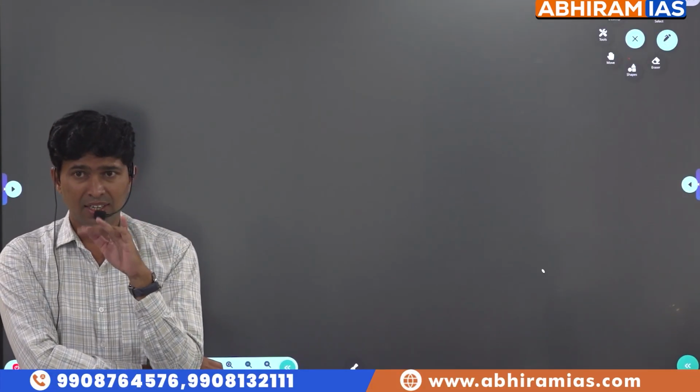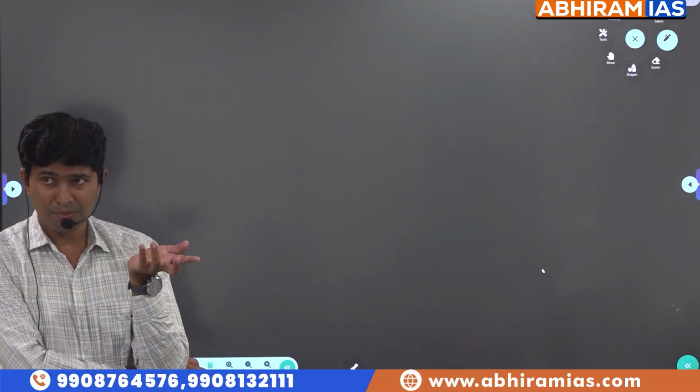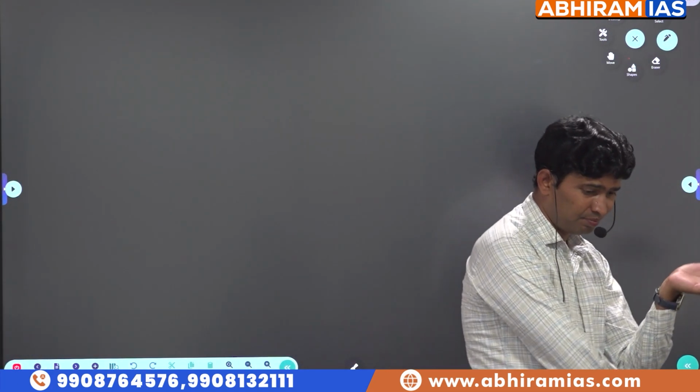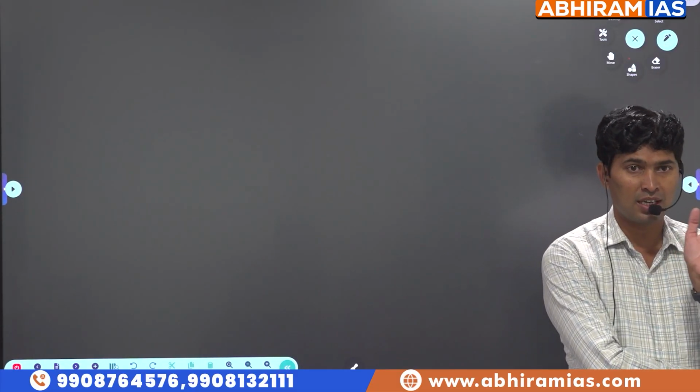How do we classify current account, capital account, Tarapore committee, convertibility of rupee, NEER, REER, fixed exchange, floating exchange, managed floating, appreciation, devaluation. Probably every year 2-3 questions would come from BOP concept.